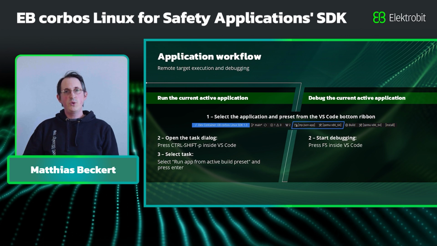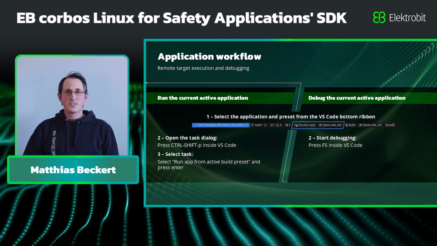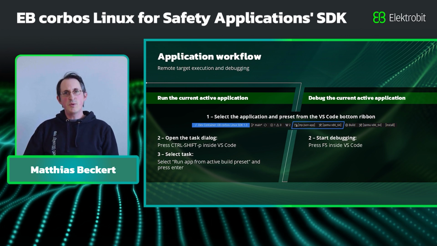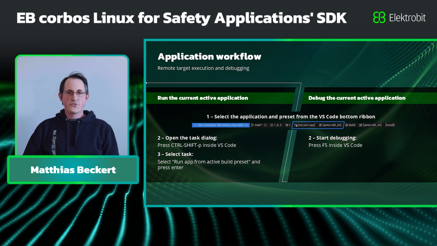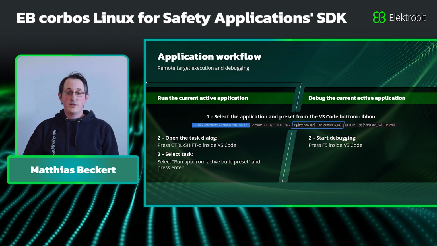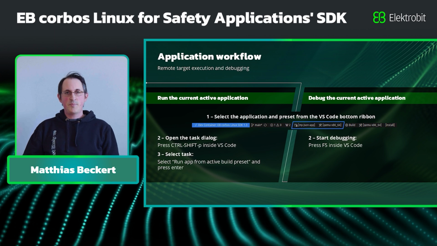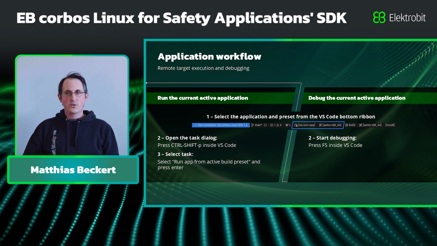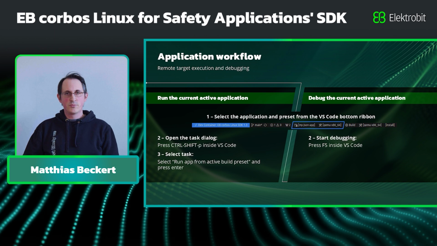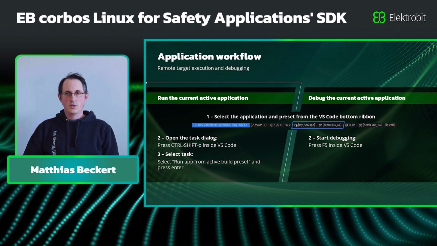So if we would now like to compare what's needed to run an application or to debug an application, the first thing we need to be aware of is that we have to select the correct application and the correct CMake preset on the bottom ribbon of VS Code.